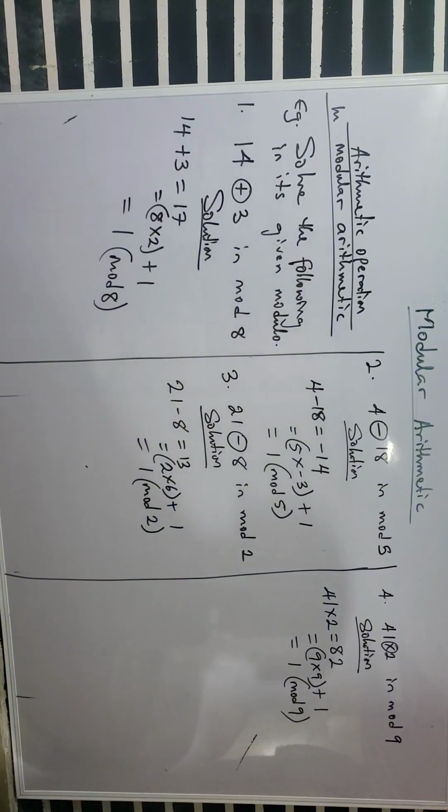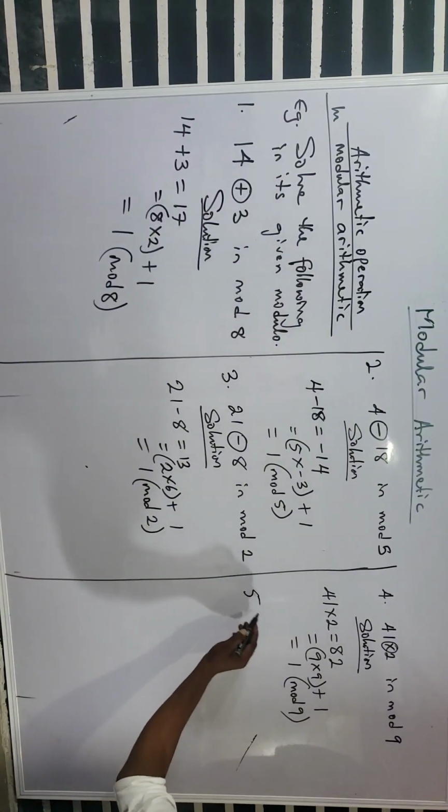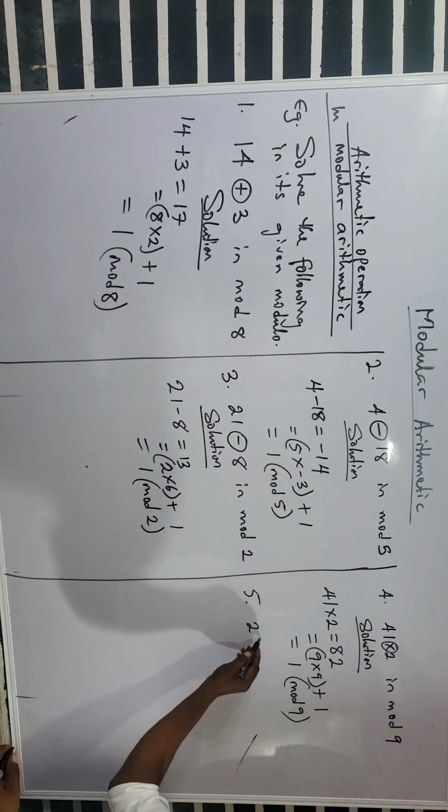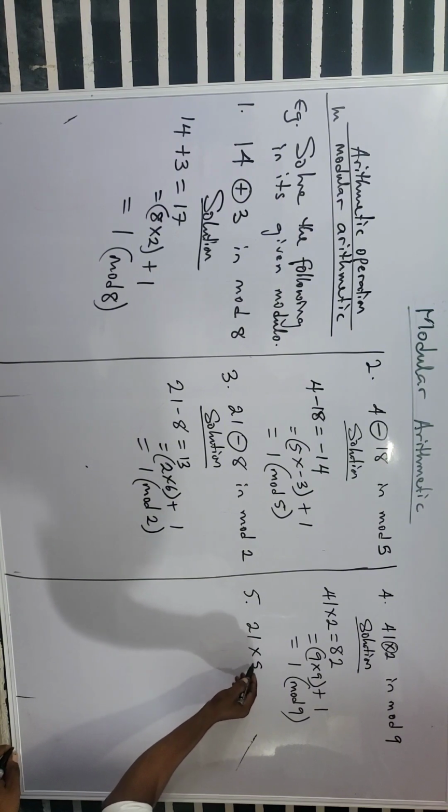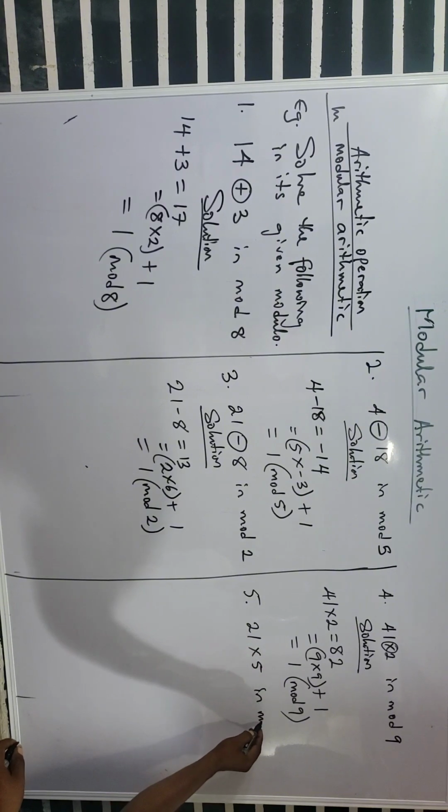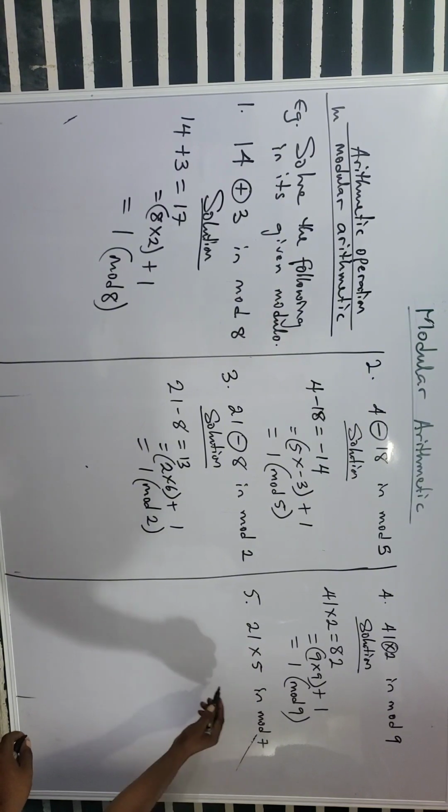Okay? 1 modulo 9. Let's have another example. Let's say you have 21 times 5 in modulo 7. Okay?